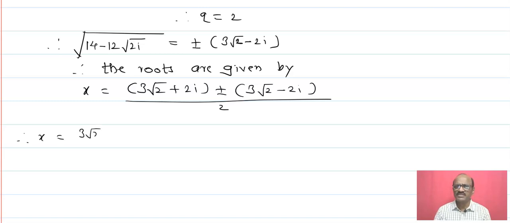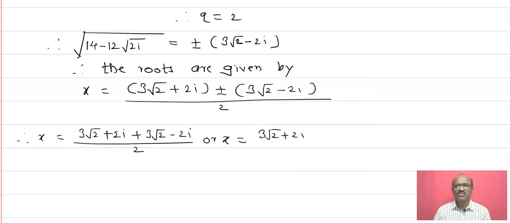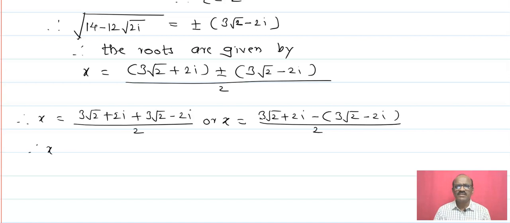Now simplify this. First take the plus sign between the two brackets and next take the minus sign. That is, x is equal to (3 root 2 plus 2i) plus (3 root 2 minus 2i) upon 2, or x is equal to (3 root 2 plus 2i) minus (3 root 2 minus 2i) upon 2. Therefore, here plus 2i and minus 2i get cancelled. 3 root 2 plus 3 root 2 is 6 root 2 upon 2.